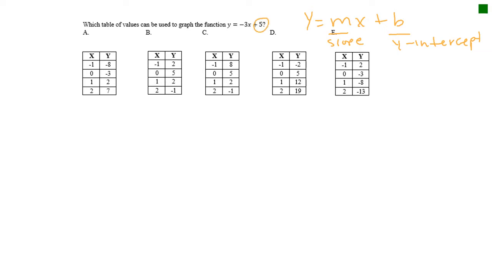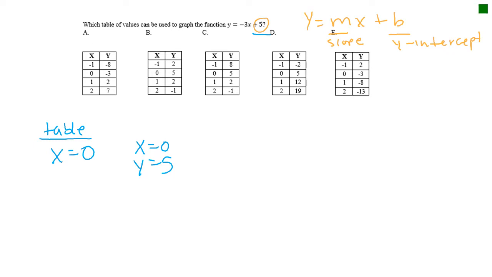And how do I find the y-intercept in the table? And you guys should remember this. When x equals 0, I'm going to find my y-intercept. All right, that means that I need x of 0 and y of 5, right? Because when x equals 0, I'm supposed to have 5. All right, which of these tables has 0 and 5?